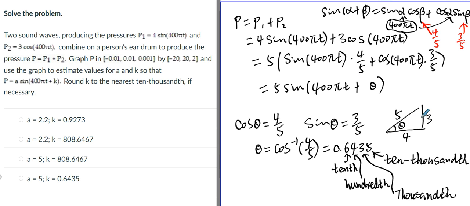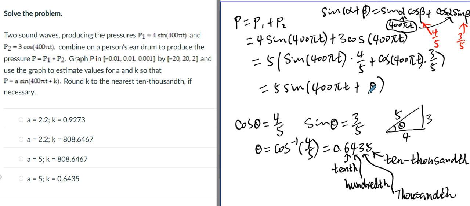Then the opposite side must be 3, because 3 squared plus 4 squared is 25, which is 5 squared. So 3 over 5 is sine theta and 4 over 5 is cosine theta. So you do have a sine cosine and a cosine sine.